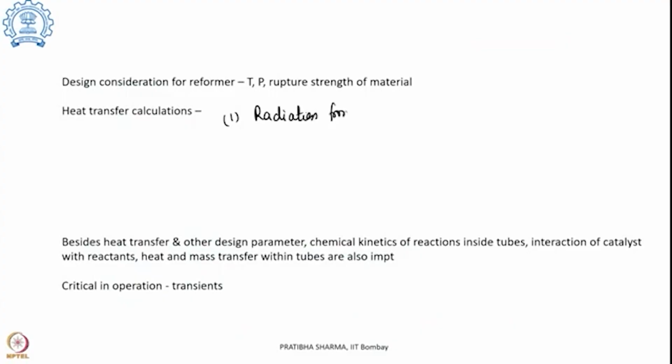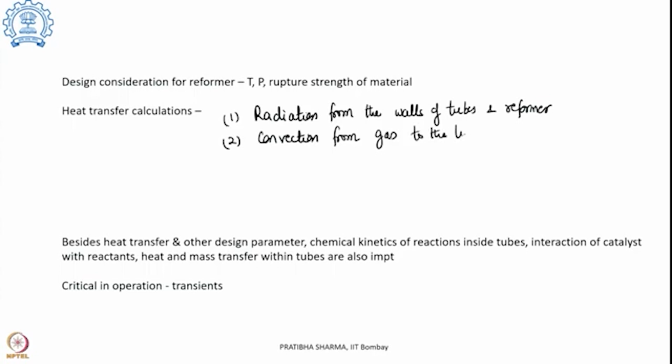Radiation takes place from the walls of the tubes and the reformer. Then comes the convection from the combustion gases, the flue gases, to the tube walls.